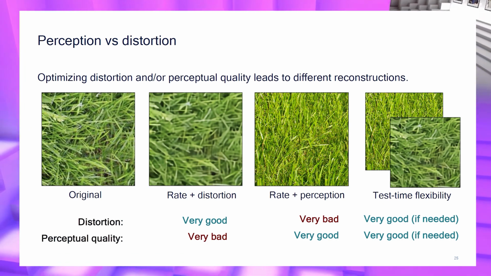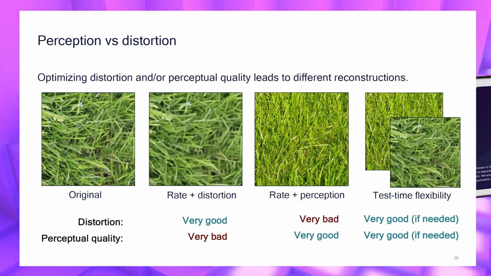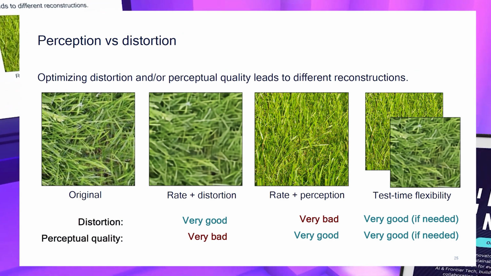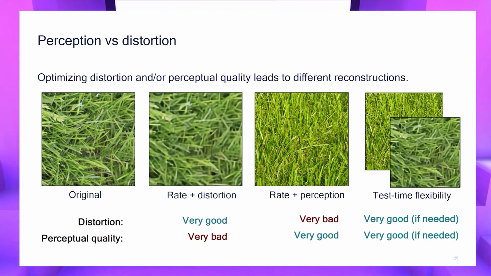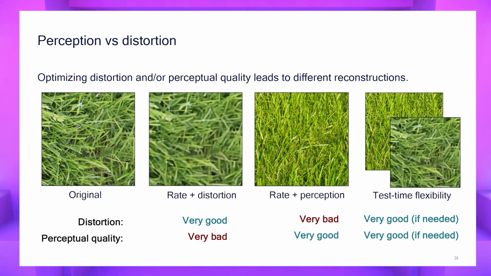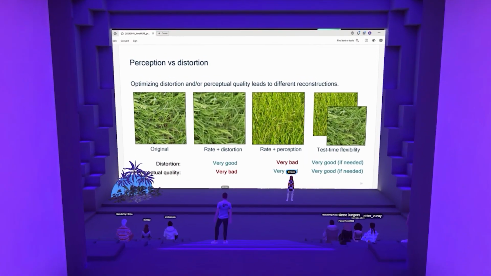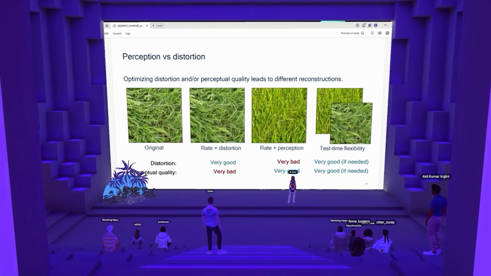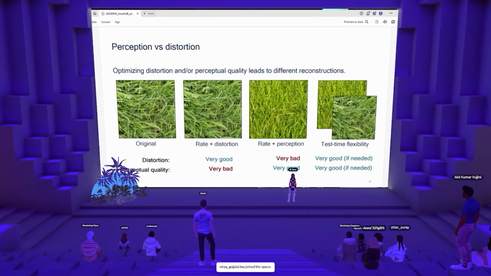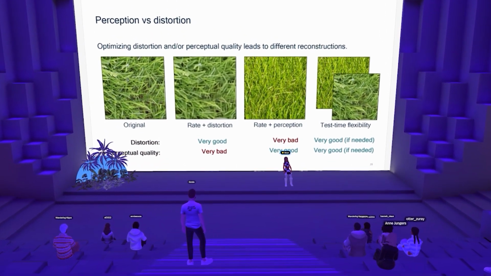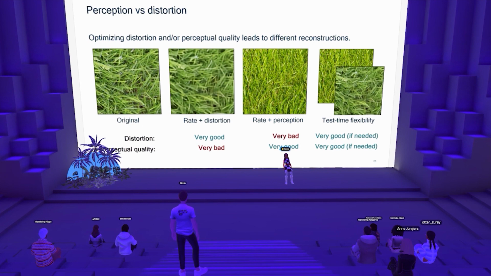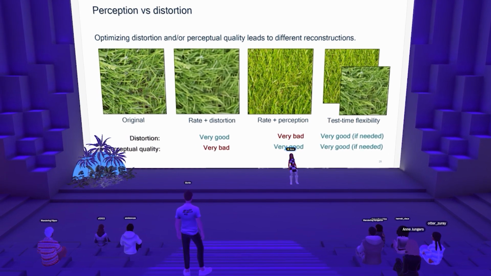If you were to optimize just for perceptual quality, say you send an image which looks like the second column, which is a blade of grass, but what you receive at the receiver side is the third image. It's much different from what was sent. That's definitely not what you want when you're compressing data. You don't want to compress files and then when you uncompress it, you don't want the data to change.